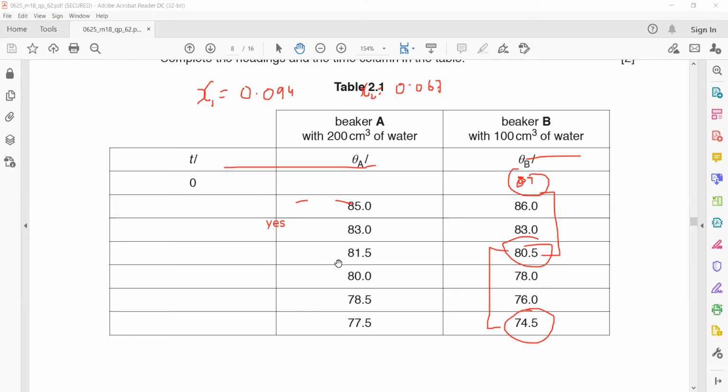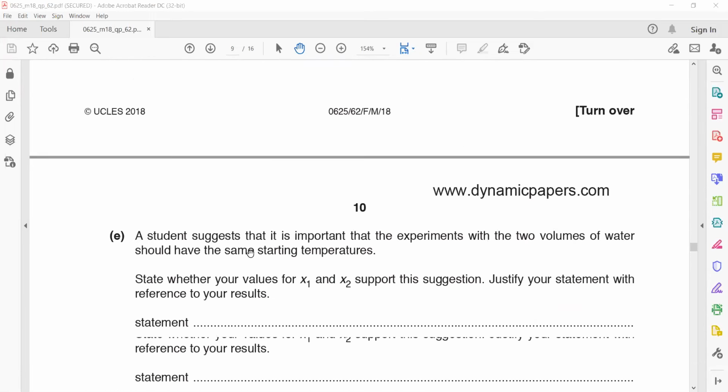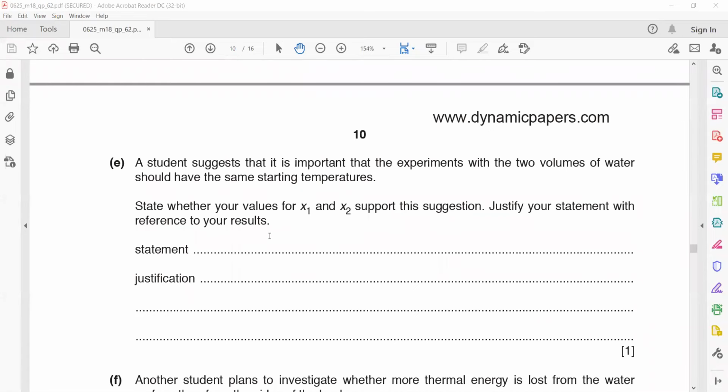And that is also the suggestion here in the question, as a student suggested that it is important that the two volumes of water should have the same starting temperature. Otherwise, if they have different starting temperatures, then they might have a different rate of cooling, because the temperature of the water also affects the rate of cooling. So the justification here, the statement is yes.